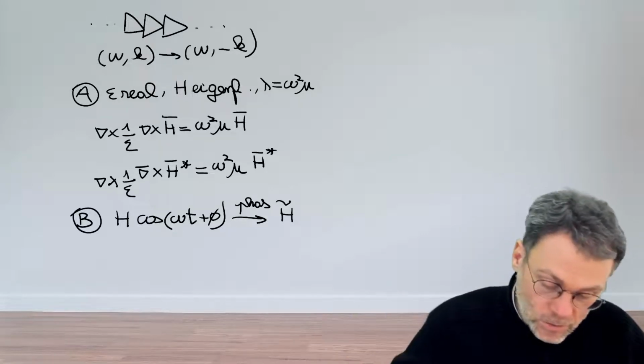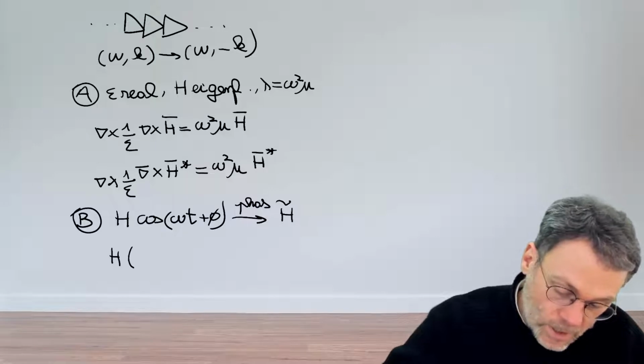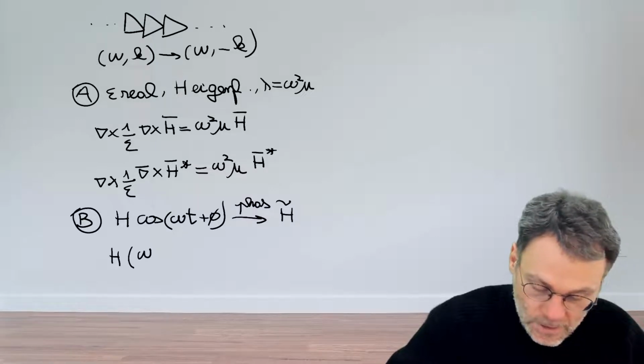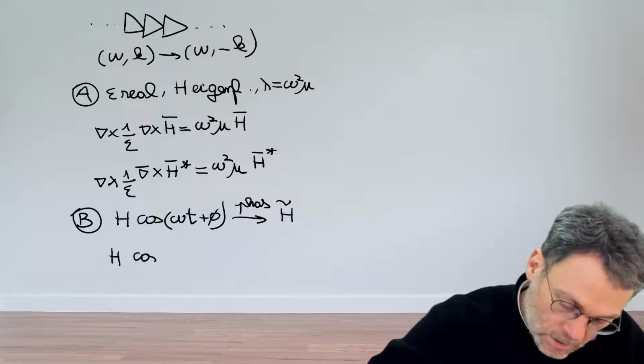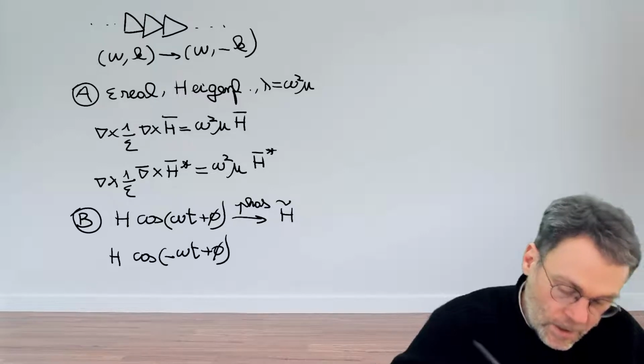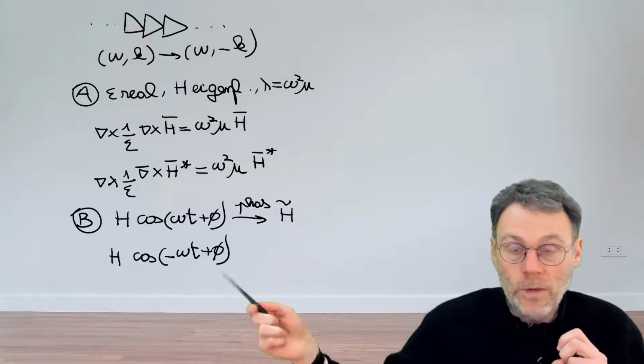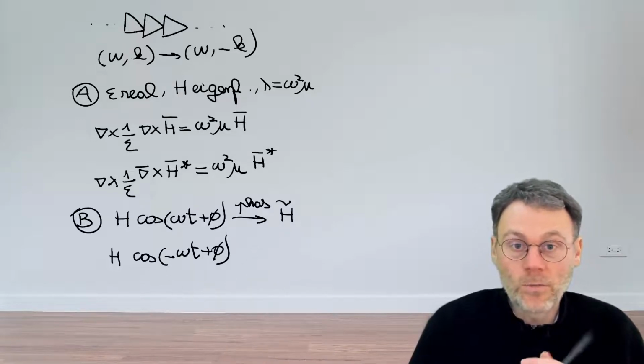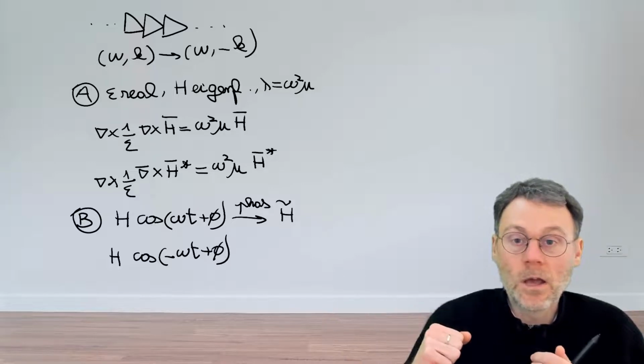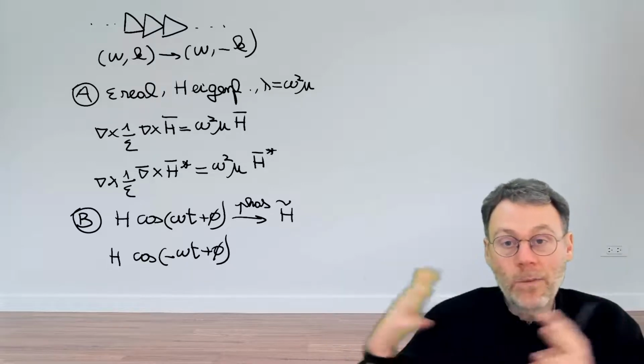If we now do time inversion, which basically means that we replace t by minus t, we get cosine of minus omega t plus phi. From basic physics, we know that that should also be a solution to Maxwell's equations, because if we replace t by minus t, we just have a movie that we play back in time.